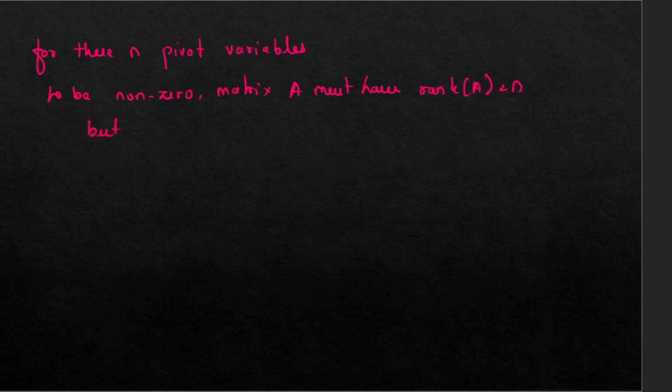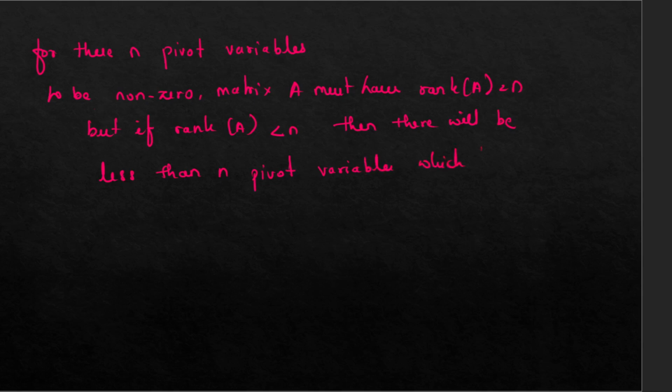But if rank of A is smaller than n, then there will be less than n pivot variables which have non-zero value. So that is why this statement is also false.